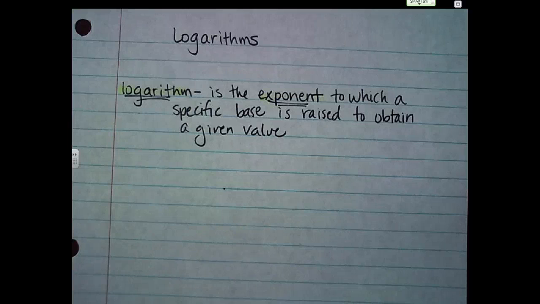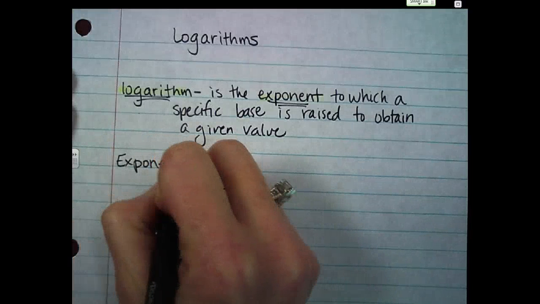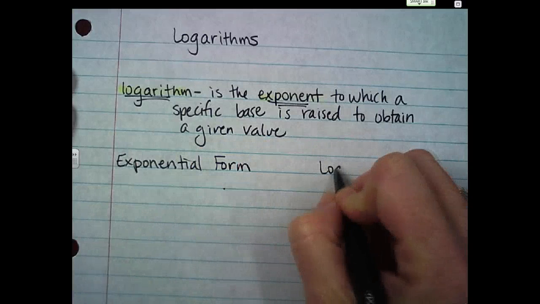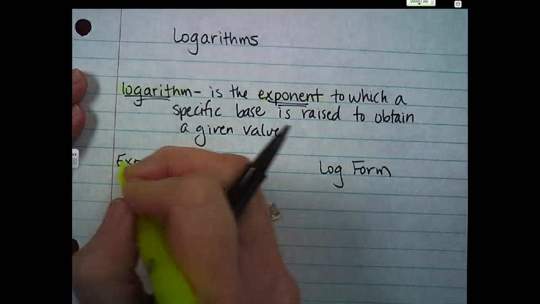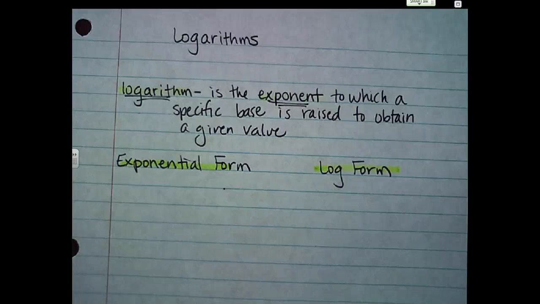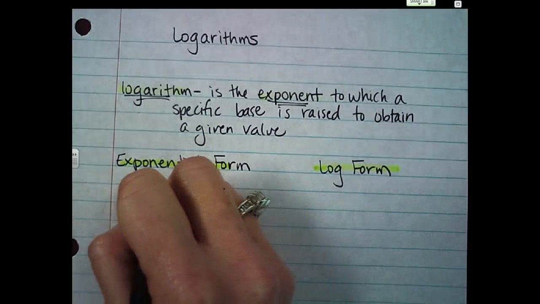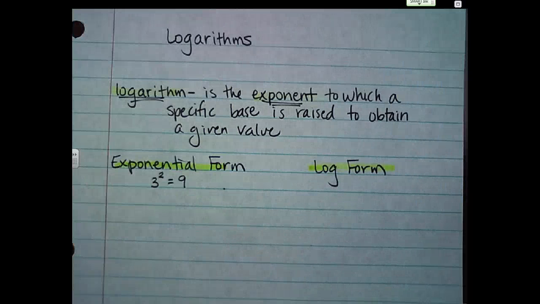Okay, so to start off, we're going to have 2 columns. The first column is going to say exponential. And then we have the logarithm form. So what we've studied in the past is I would give you something like this. I would say, all right guys, 3 squared, and you would tell me the answer is 9. Correct?